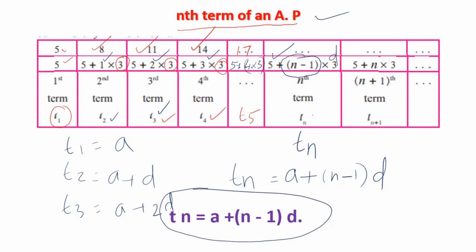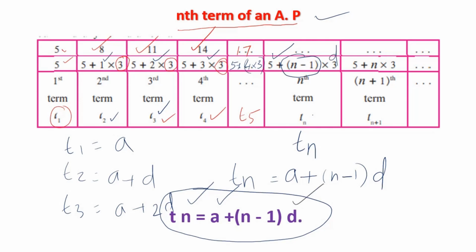All of you must be very clear that to find the nth term in an arithmetic progression, we should have the first term, which term we should find out, as well as the difference d. Okay, let us go ahead.